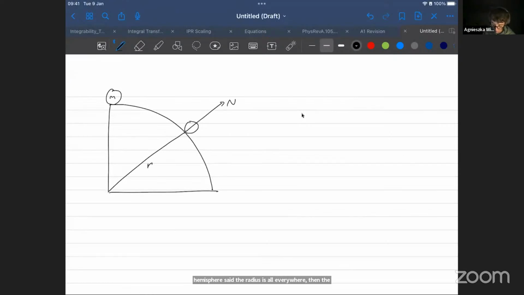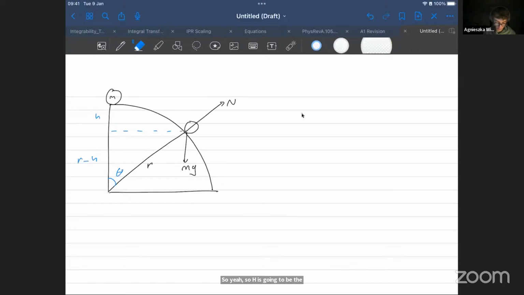We have N, and we have gravity pulling it down, and let's draw a bit of other stuff: theta, r minus h, and h, where h is the height. I'm just going to say that this is r minus h. Sorry, I forgot what the question was asking. It says at what angle? Okay, fine. We're just going to define h here and r minus h here, just for the purpose of keeping it simple.